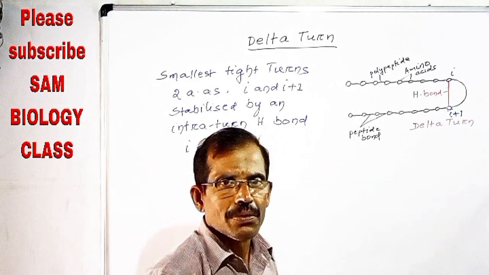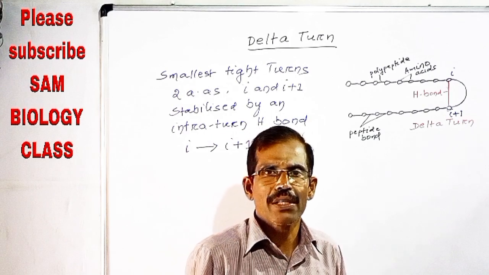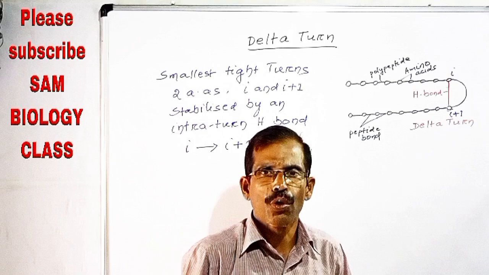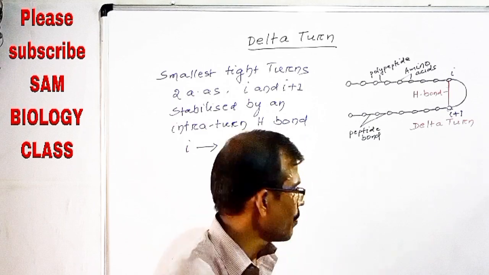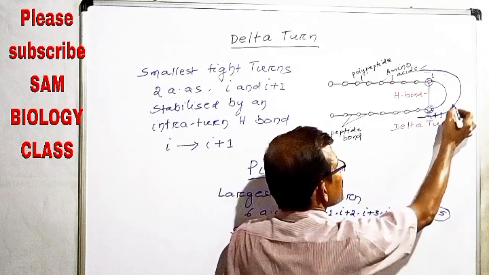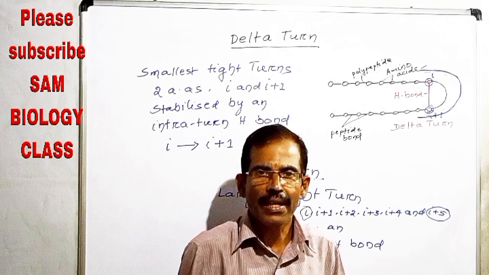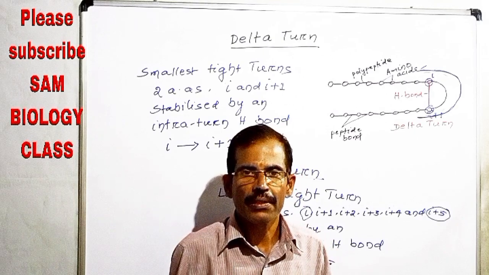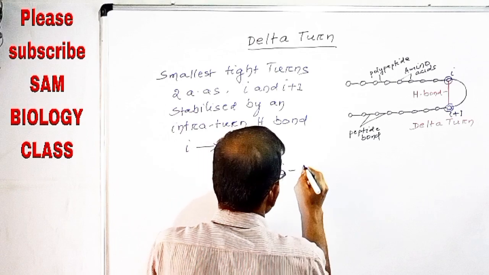Like other turns, delta turn is also located on the protein surface, and in doing so it contributes to the protein structure and function. Like other types of turns, delta turn also changes the overall direction of the polypeptide chain that helps in protein folding.